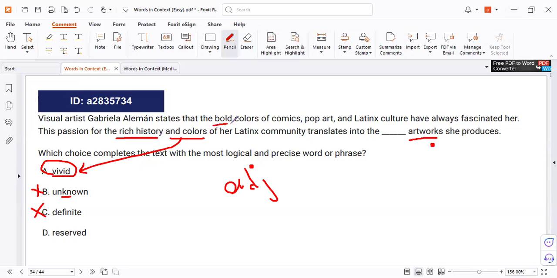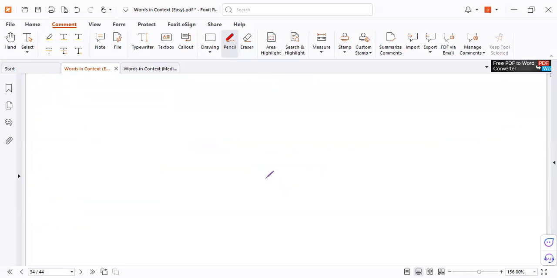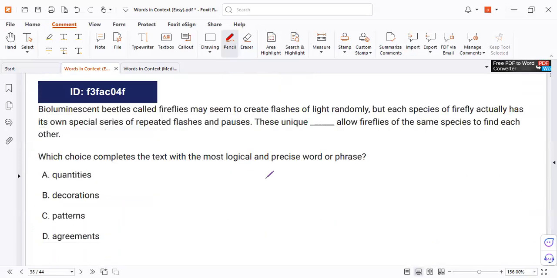Look, bold colors already means vivid. And that is something that fascinates your eyes. Vivid. Look, visual arts. Vivid. So always find evidence. That's fine. But what does it describe? Very important. Adjective describes noun, as I told you. Try next. Help yourself.